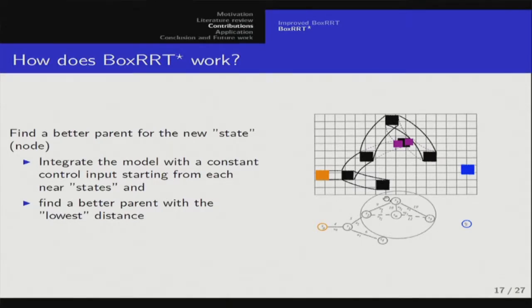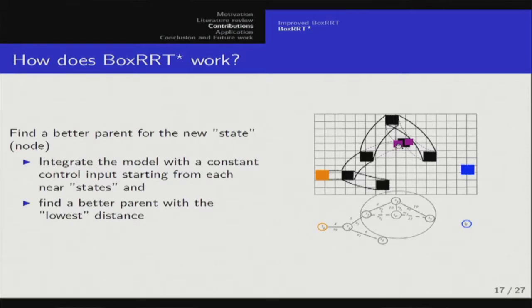When we integrate from these two nodes, because these two nodes are the ones available within the ball, we see that we have some states, but because we are working with boxes, we will not obtain the exact initial state, the black one. It will be intersected with this black state. So we will have 3 boxes, 3 new states. And we will choose the one which has the smaller distance. In this case, this one has the smaller distance, so we'll pick this one.